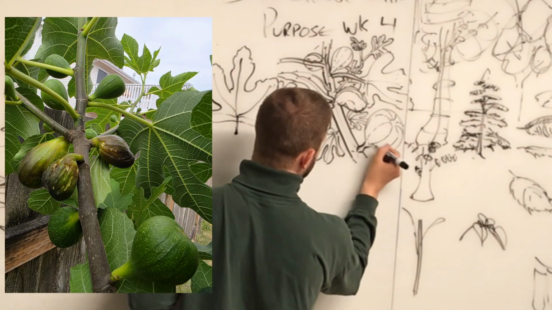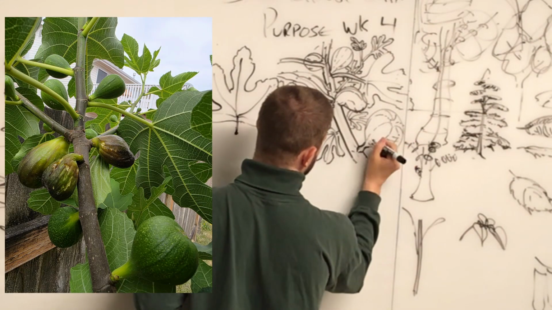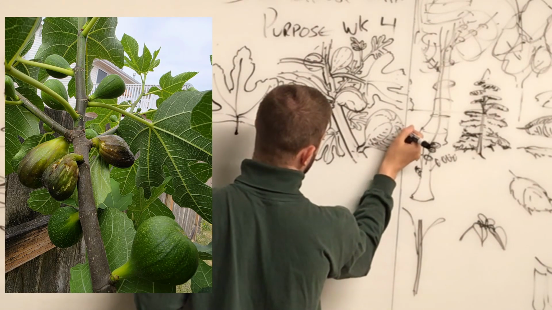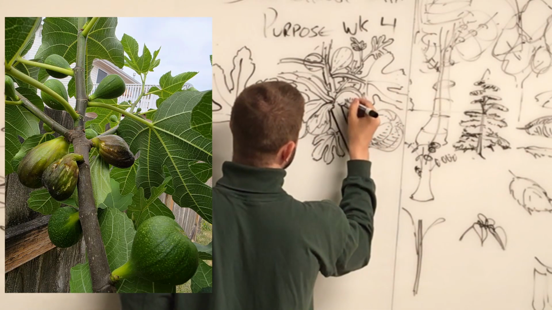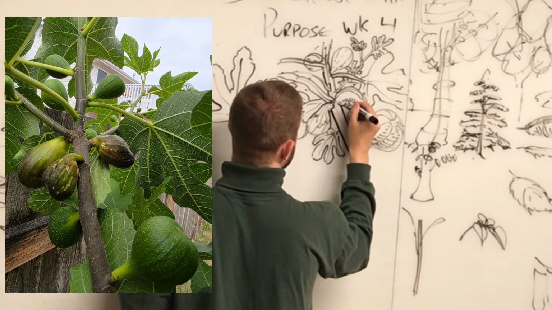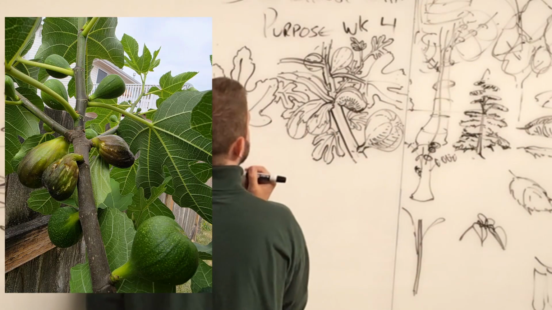Throwing in a little bit of hatching. Wrapping lines that go around the form. The hatch marks are going to kind of slot into those.